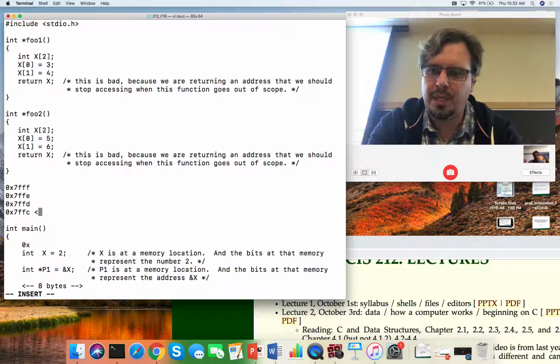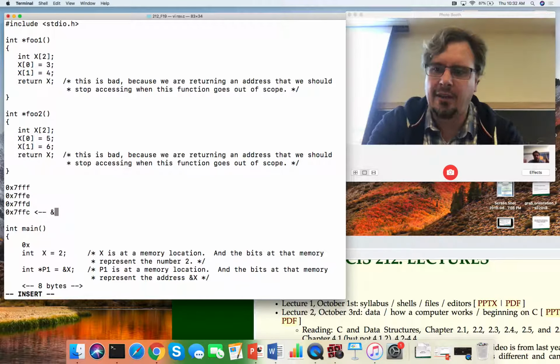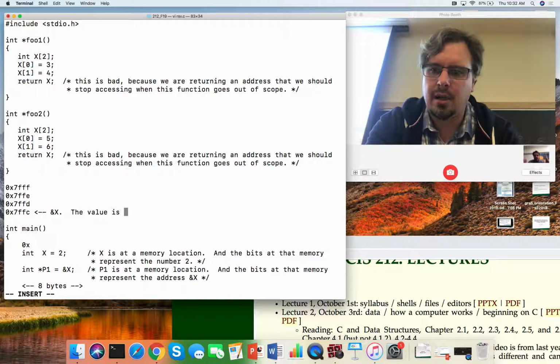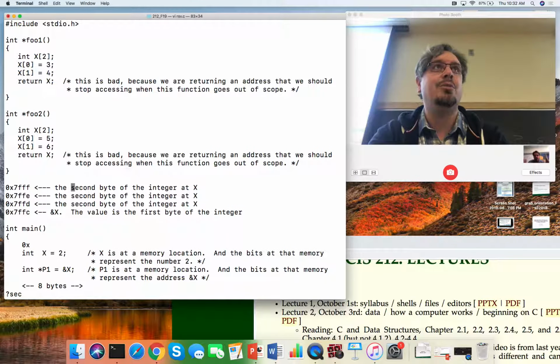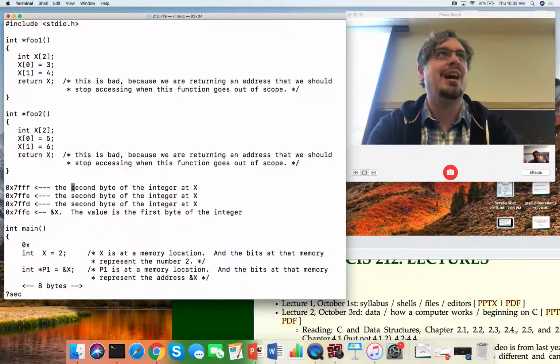so this would be, in my pretend world, the address of x, and the value here is the first byte of the integer, and this one is the second byte of the integer at x. Do you guys know dot in vi repeats what you just did? So I'm just pressing dot, and it will do it for me again.